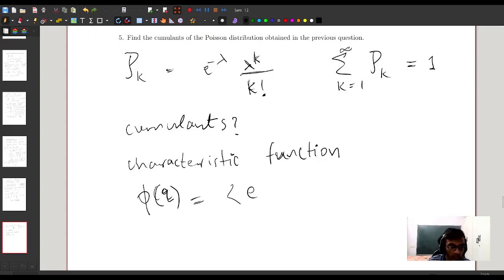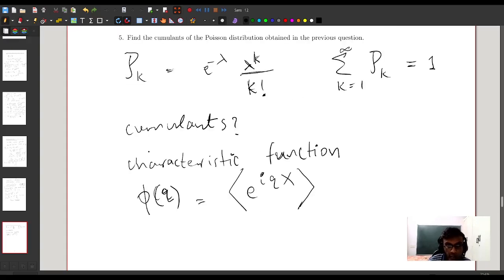It is the expectation value of this object, where this expectation value is calculated with respect to the probability distribution. So let us calculate this expectation value to find the characteristic function.